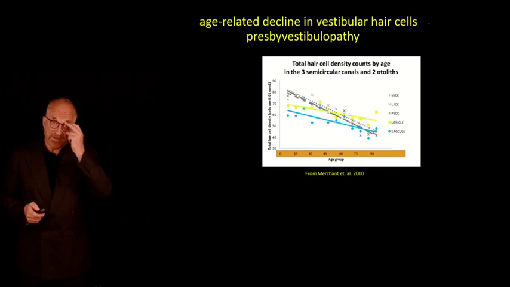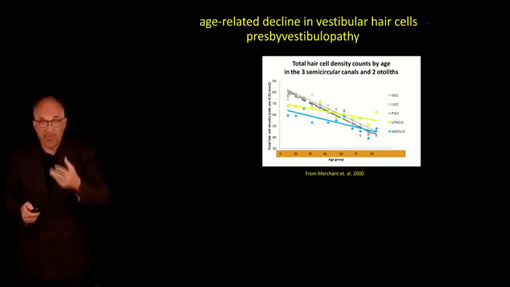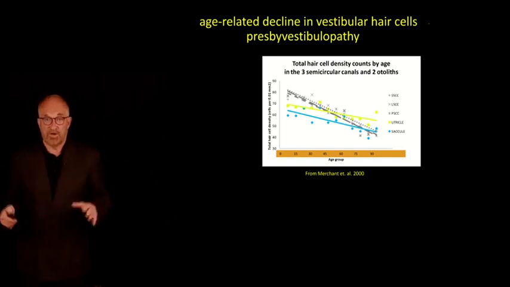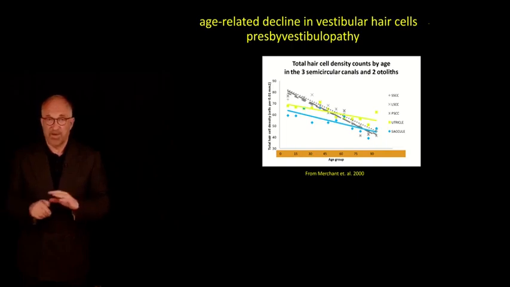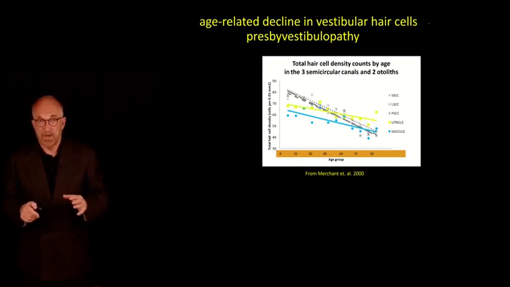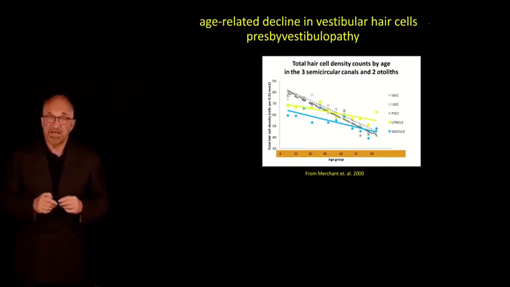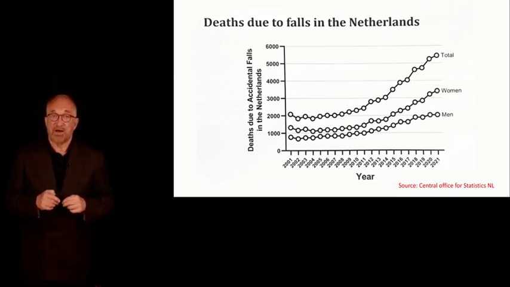Now in time, the number of hair cells declines with age. So we have presbyvestibulopathy, and that is all over the canals and in the utricle and saccule. Nothing different from hearing. So there is presbyvestibulopathy like presbyacusis. And especially we see that with age there are more and more falls and even people that die because of that.